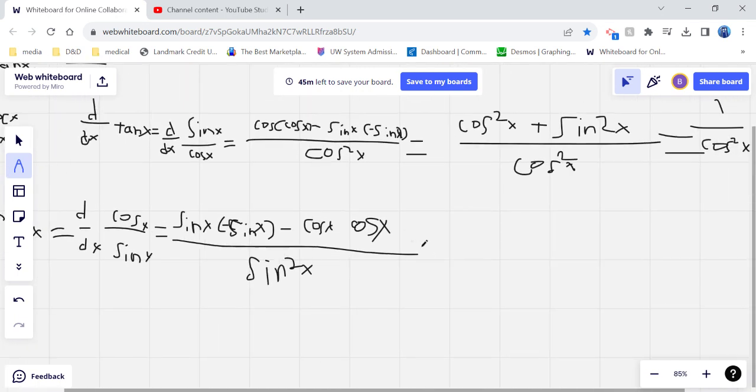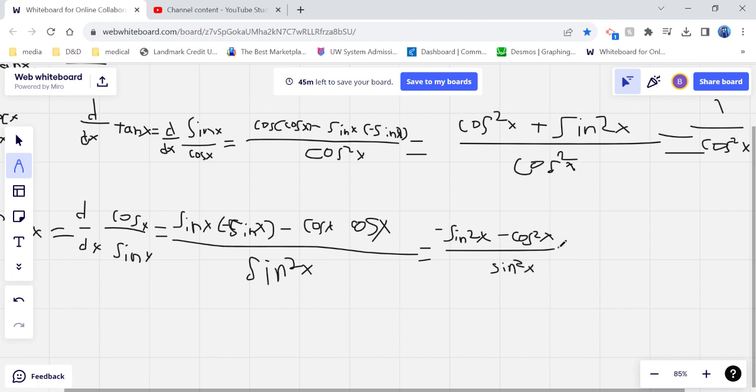So what we're left with, after we simplify, is negative sine squared of x minus cosine squared of x over sine squared of x.